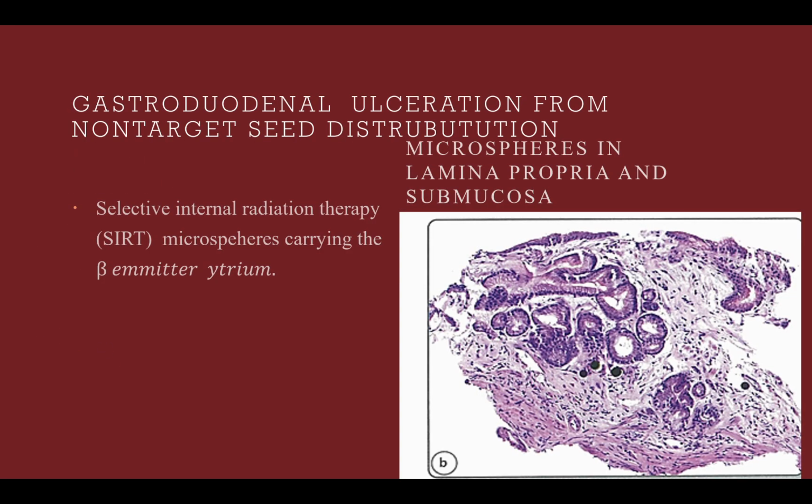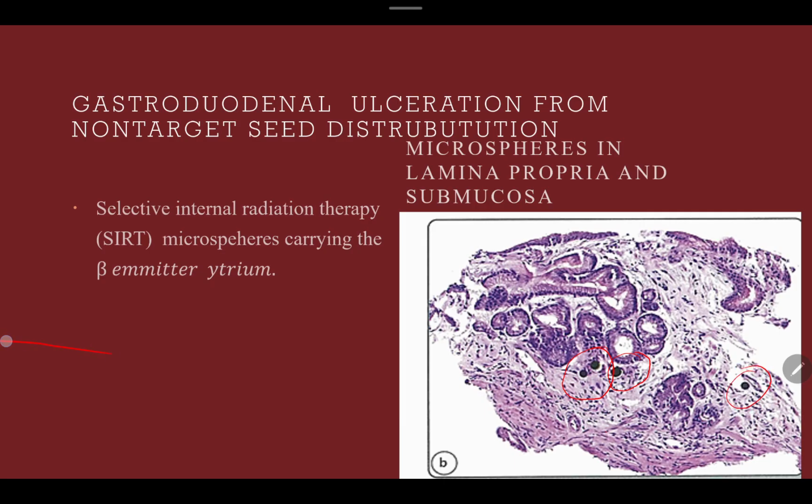Next is in patients who have undergone selective internal radiation therapy. These patients will have microspheres carrying a beta emitter. We can identify these microspheres in the lamina propria and in the submucosa.